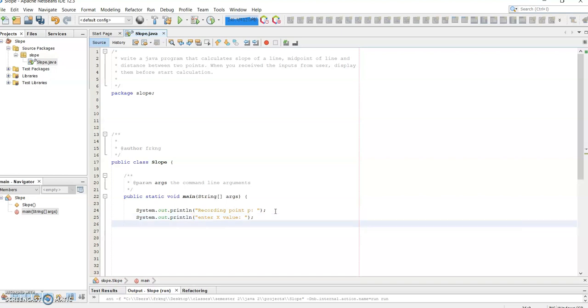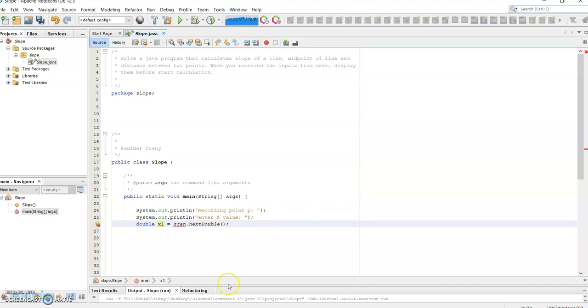Okay, and double, let's say this variable x1 equals scan dot next double.